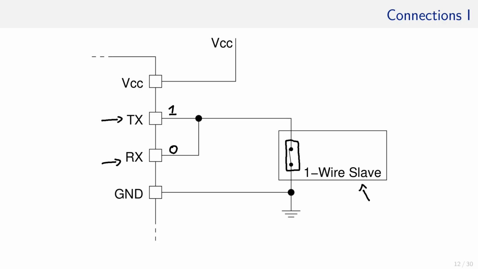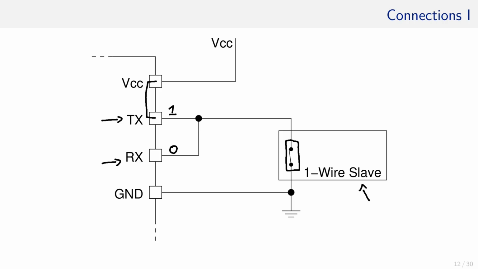You might already guess what the problem is. Imagine TX wants to continue to write a 1. It has no idea that the slave pulls the line down to 0. Hence, the TX module connects this pin to VCC to write the logic 1.